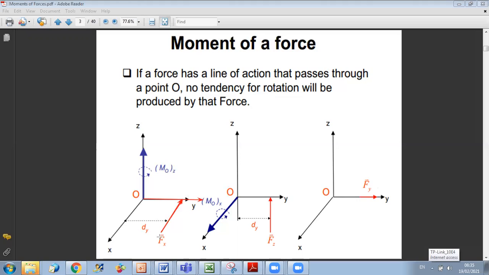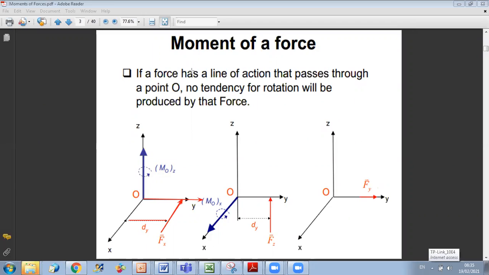Why? Because first it's perpendicular to z, and second, it has a certain distance from z. And the moment it will produce will be equal in magnitude to the force F times the distance d.